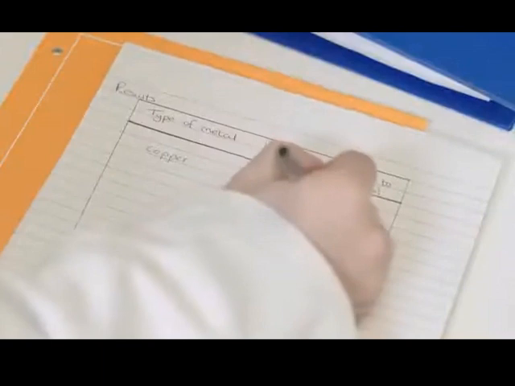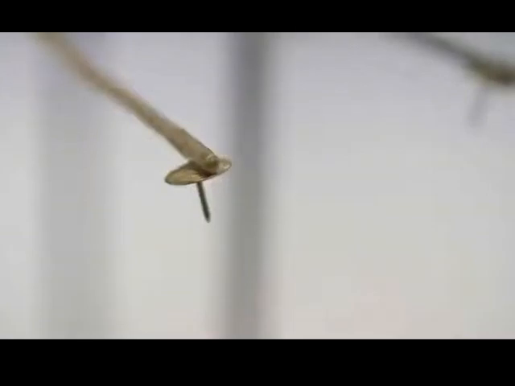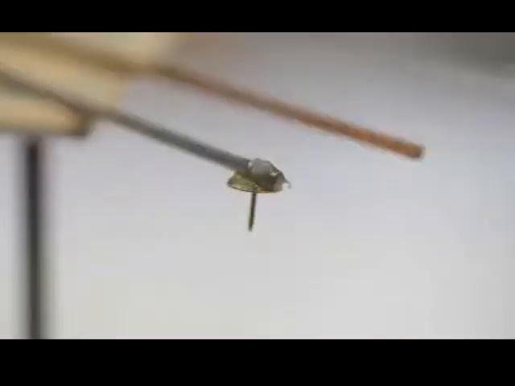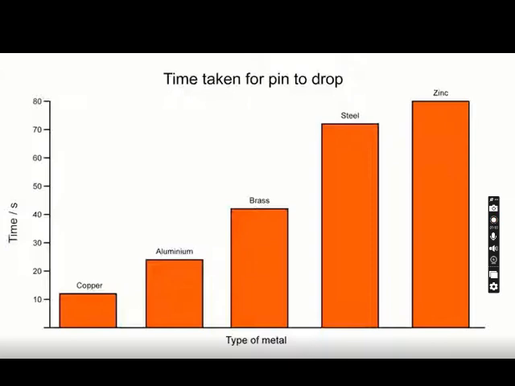For this case, it took 12 seconds for the pin to fall from copper. The second pin is falling from aluminium. The third pin is falling from brass. Then the fourth will be from here.